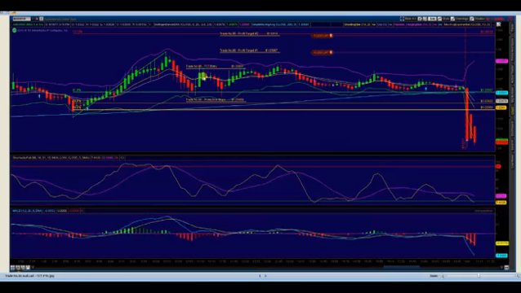Now, this isn't to say that every time price closes above the 13-period SMA, I'm going to hesitate in executing my orders to wait for a retest of structure. No, that's not what I'm going to do. What I'm going to do is keep a vigilant watch of what the risk profile is.